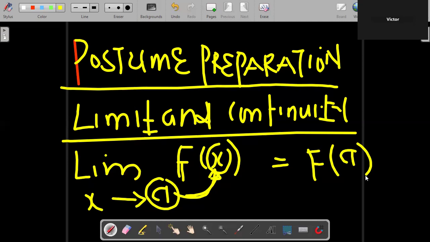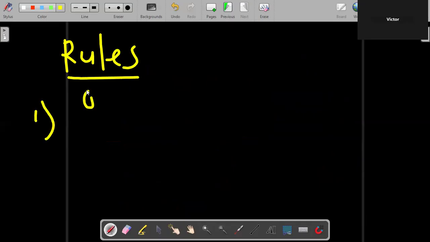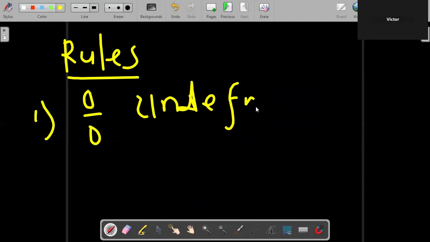Then we have conditions for limits. There are some rules in limits. Number one, 0 over 0 is undefined.